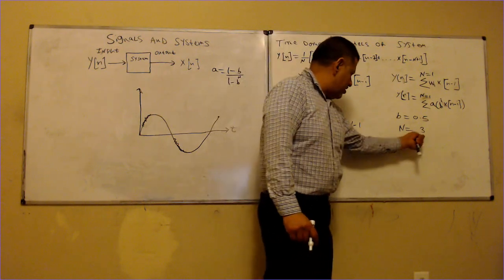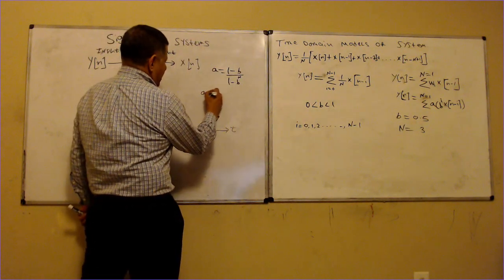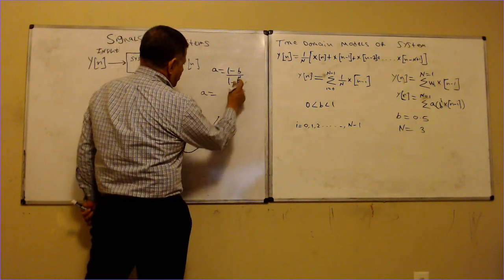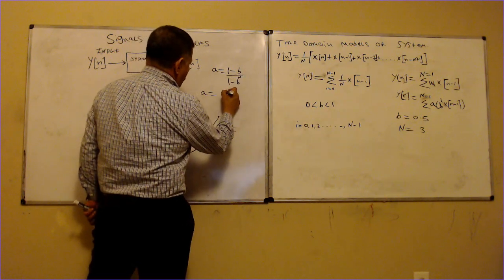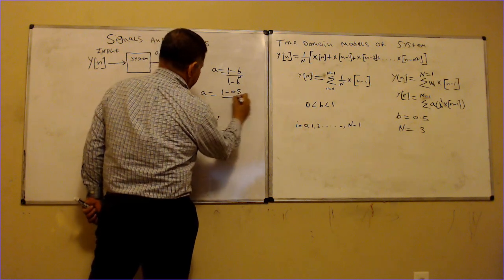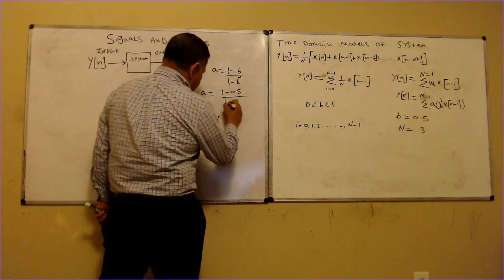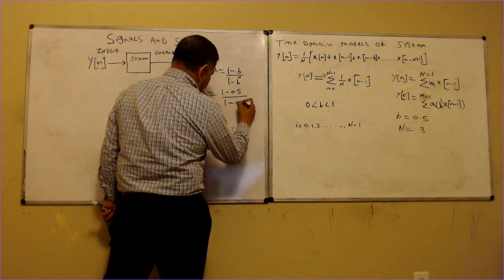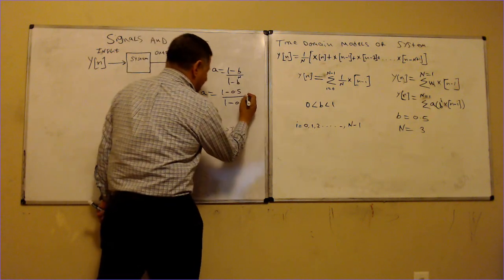So A is going to be equal to, we know that B is 0.5, so 1 minus 0.5 divided by 1 minus 0.5 to the third power.